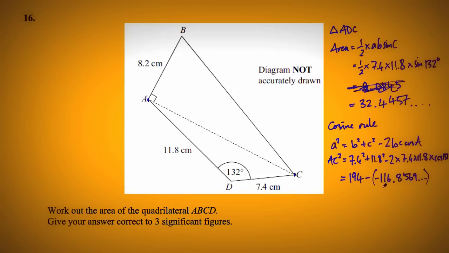Got that number in my calculator, so on my calculator I'm just going to put 194 minus the answer, knowing that I'm expecting an answer to be about 300, because that minus makes it a plus. It's around 300, that's correct.